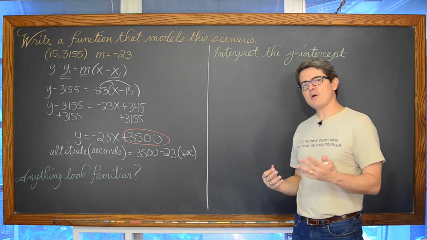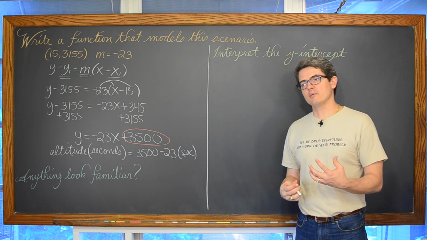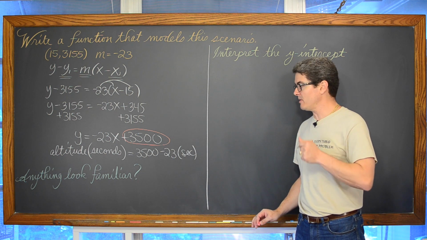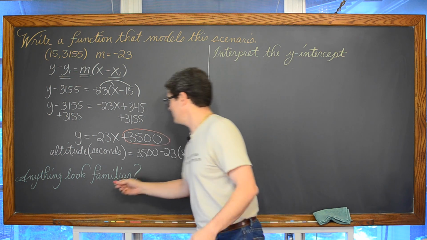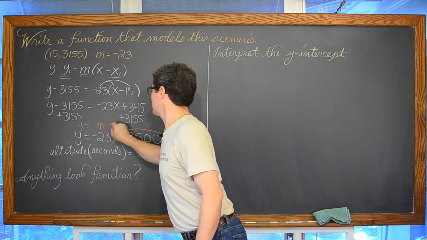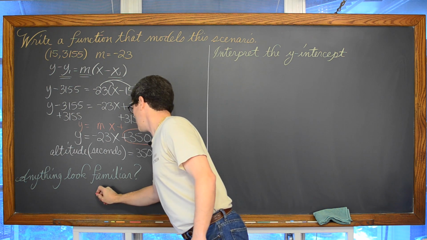Yeah, the way the problem was worded, and since we identified the x-axis or the independent variable as time, at time 0, as soon as she jumped out of the plane, that was her altitude. That is the, y equals mx plus b.